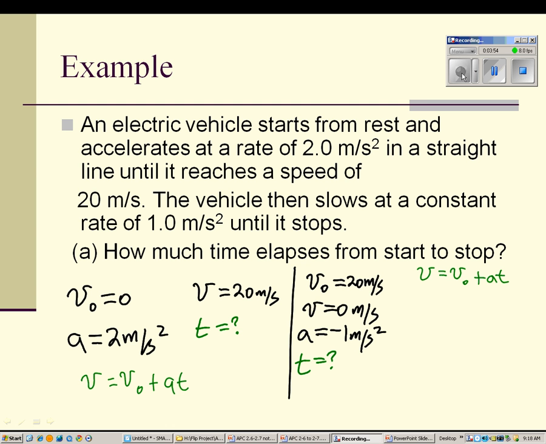So go ahead and, looking at those four variables that we have, we're going to use v equals vo plus at. So you go ahead and plug those values into your equation there, and you'll see that the time in your first one is 10 seconds.